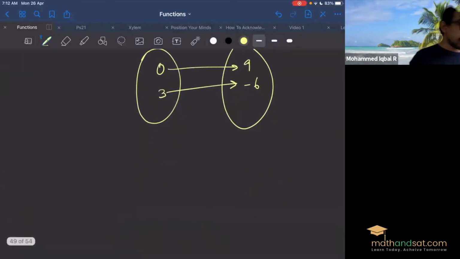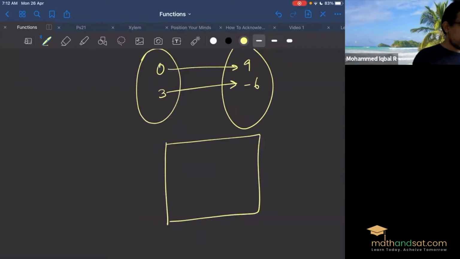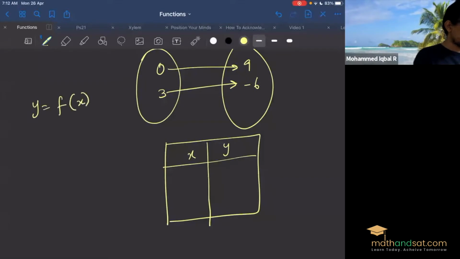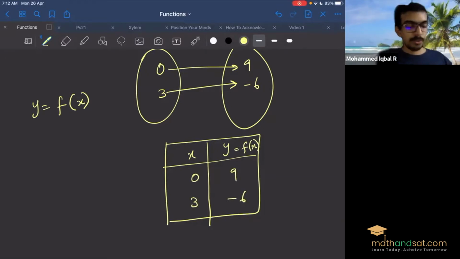Another way to look at it is using a table. If I have x and y values, your y values are represented as f of x. Corresponding to 0, it is 9. For 3, it is minus 6.